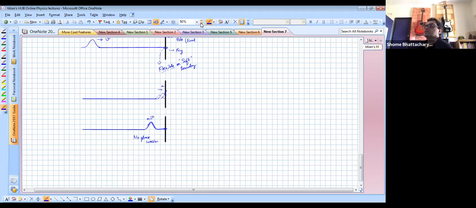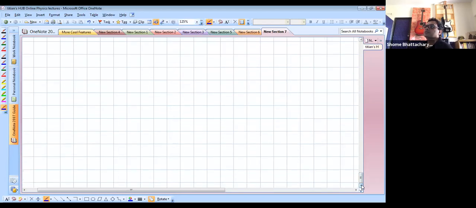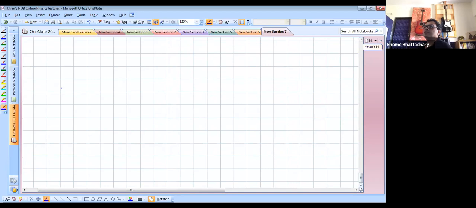Let's look at a direct application question of this, then we'll come back to standing waves. That is next. So now we have a situation like this.